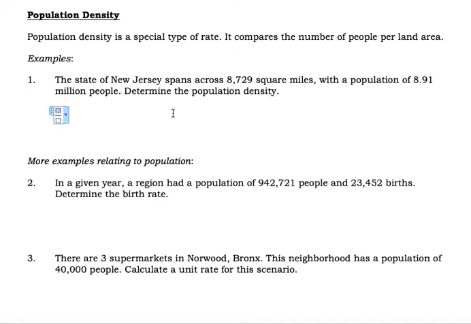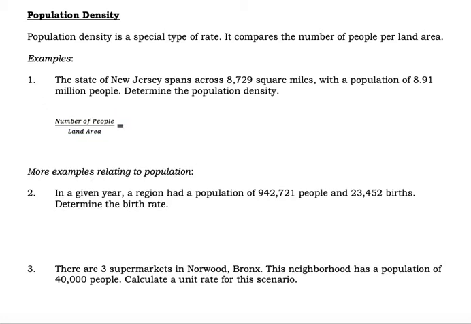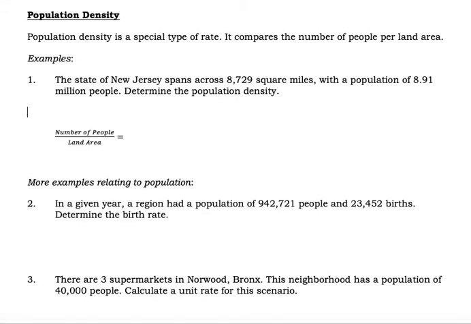I said that we're going to compare the number of people to the land area. This is a type of problem where you can't necessarily divide in any order, because if you try dividing in the opposite order, conceptually, it just doesn't make sense.